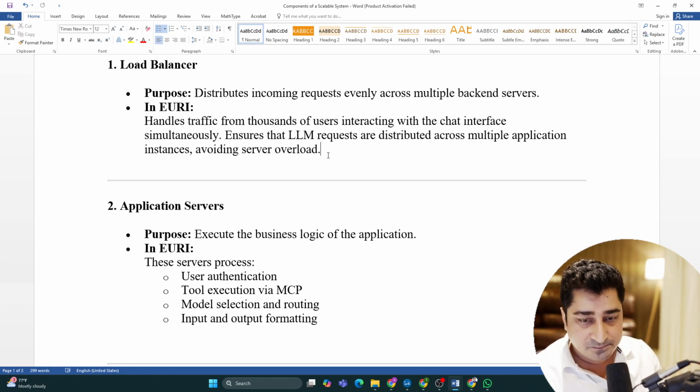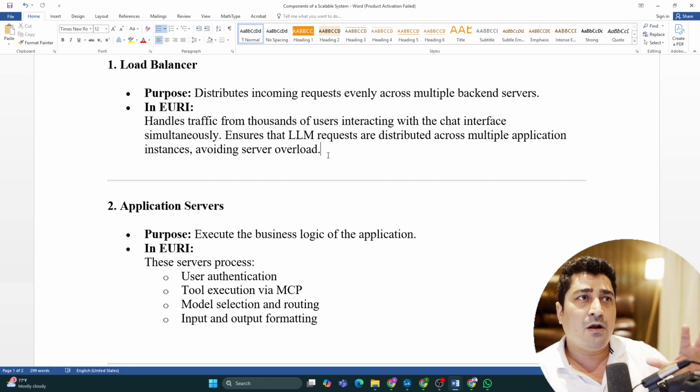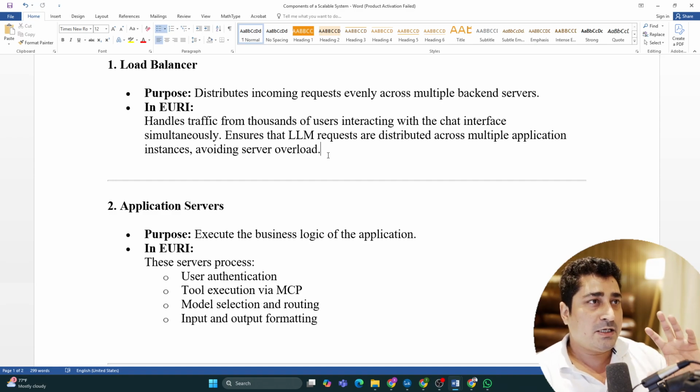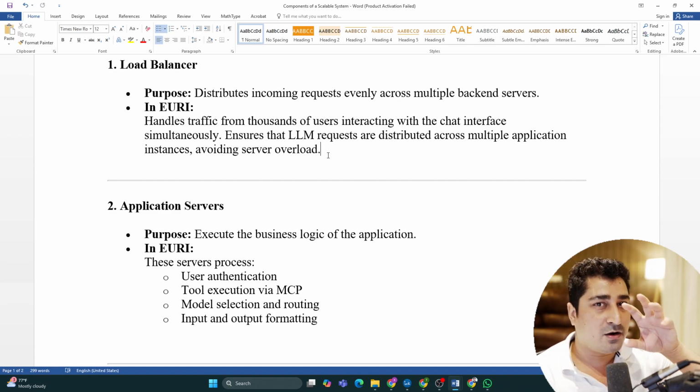LLMs always try to provide you a raw output. I don't know how many of you are aware of it, but whenever you chat with ChatGPT, Claude, or Perplexity, you always see a formatted response. But try to use LLMs via an API, and you will understand that it gives you raw responses.